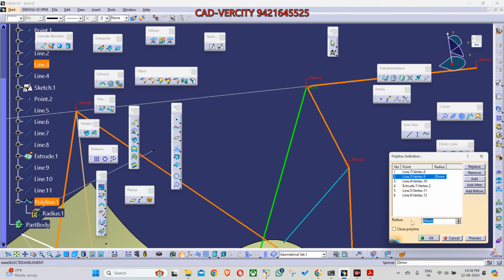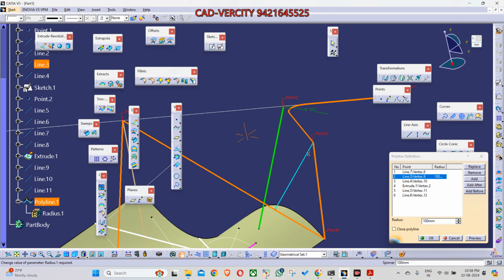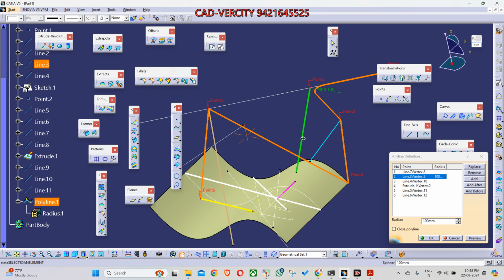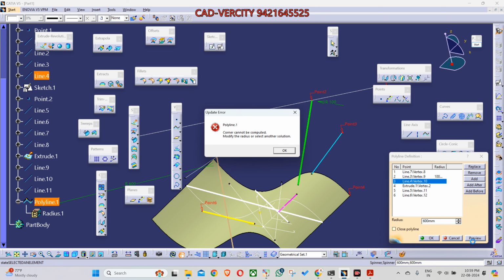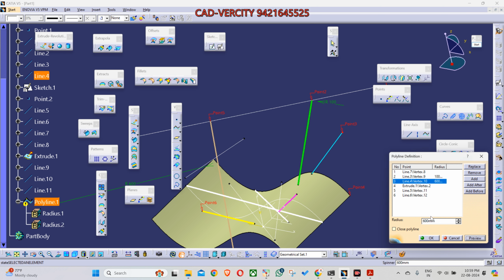The value is too small. Let's make it 100 mm. Preview. Visible? Yes, sir. At point 3, make it 600. Preview. Oh, 600 is not possible. Make it small, make it 150. Preview.